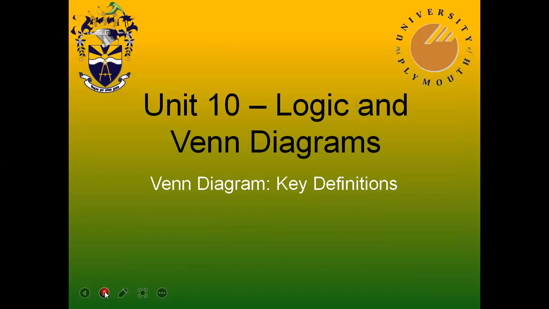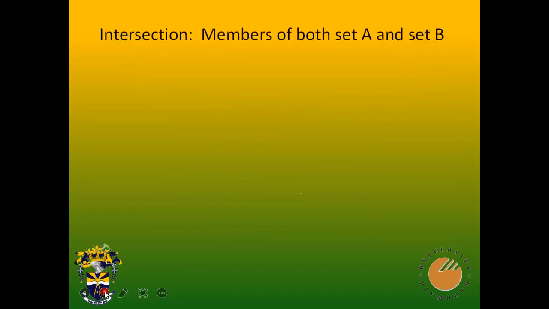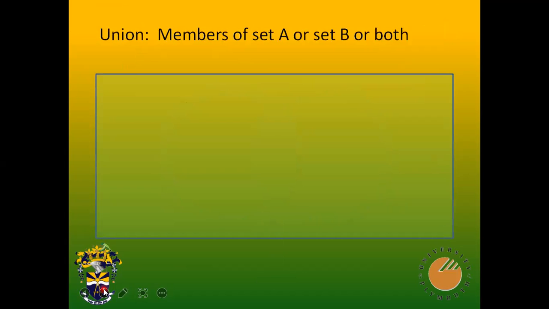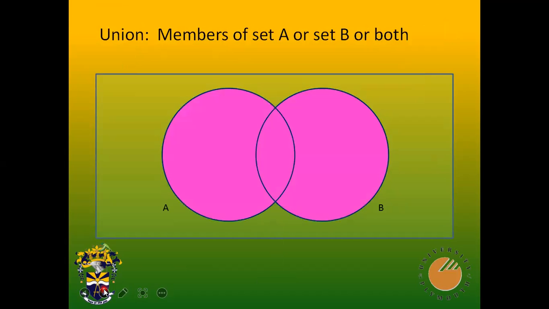So now let us see the key definitions using Venn diagrams. Intersection: members of both sets A and B. This is the intersection area for sets A and B, the pink shaded region. Union: members of set A or set B or both.